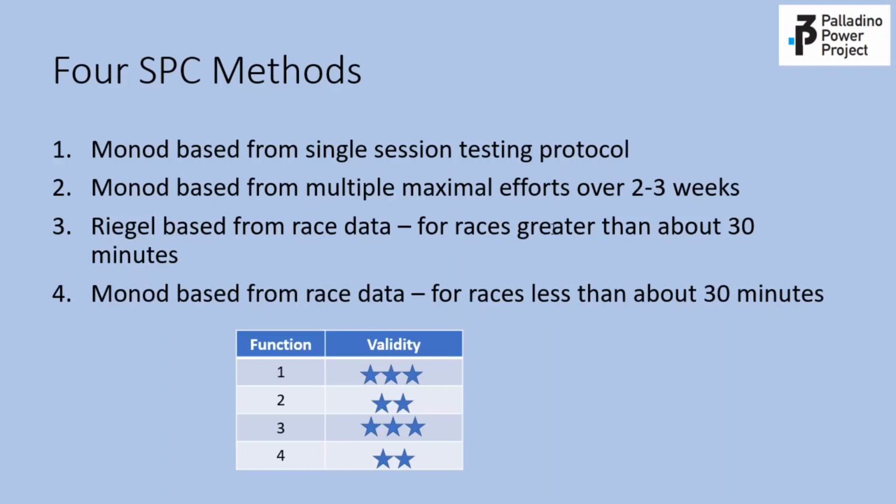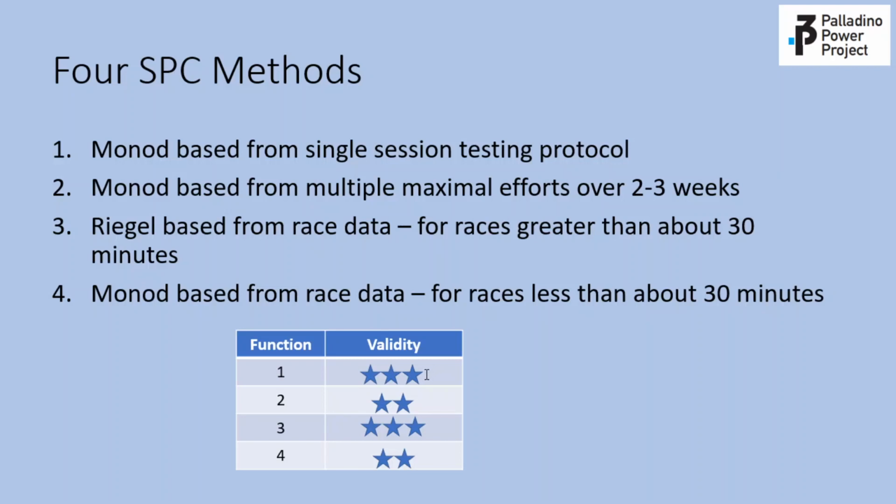So as you drift further away from the usual time to exhaustion for FTP, so you're estimating for a 2 hour race or a 4 hour race, you're estimating FTP off of that, then the validity falls back to something closer to a CP test. So CP test, high validity.